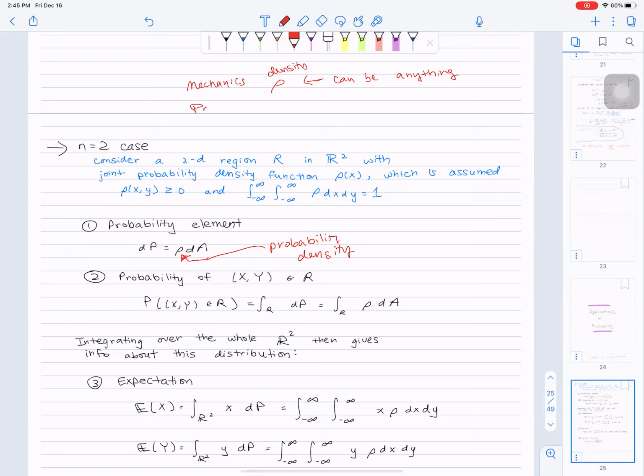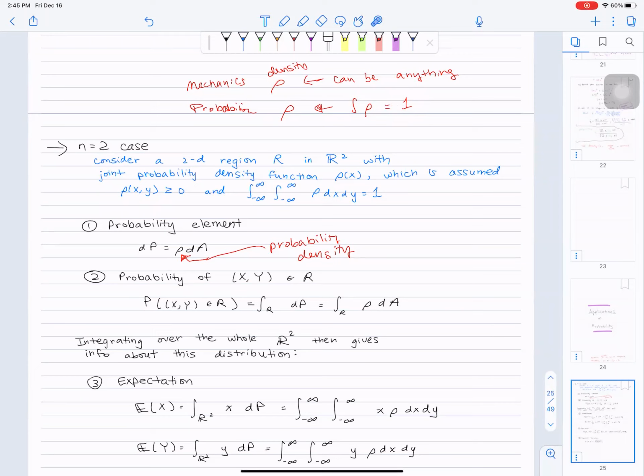But with a probability density, what's special is that the integral of it should always be 1. It has to be 1 because when we think about probability, the largest probability you can have is always 100%. So your integral over probability, the total thing you could get, should be 100% or 1.